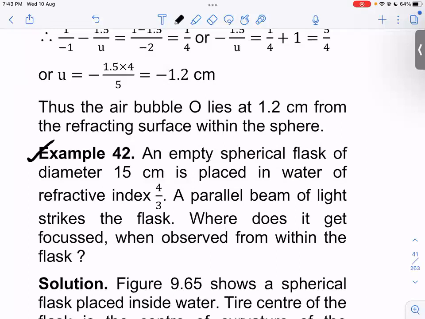For convex, it should form a virtual image because it gets diverged. Answer remains the same.